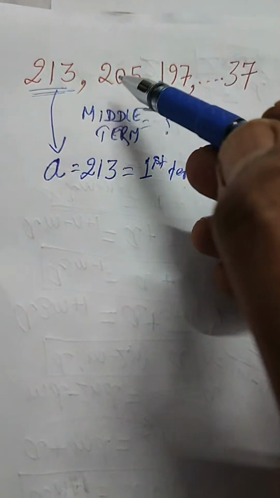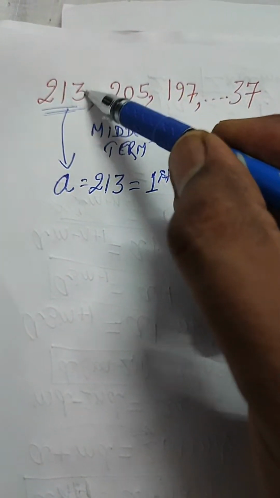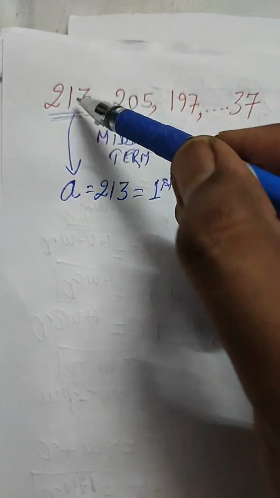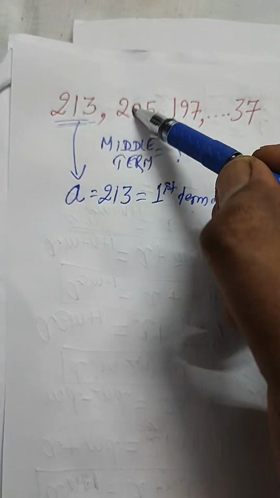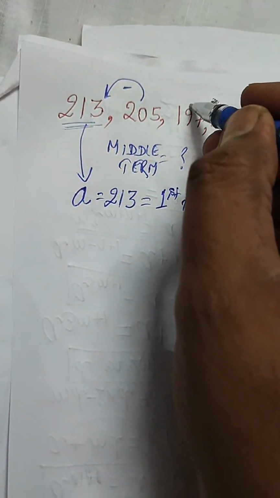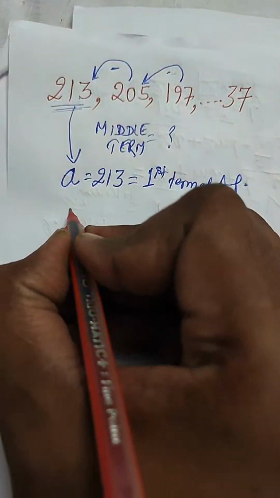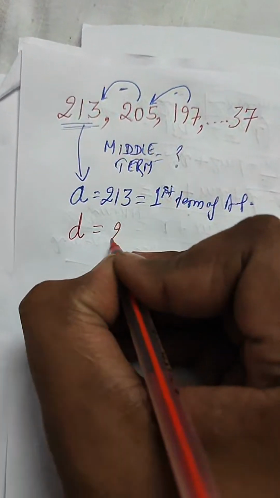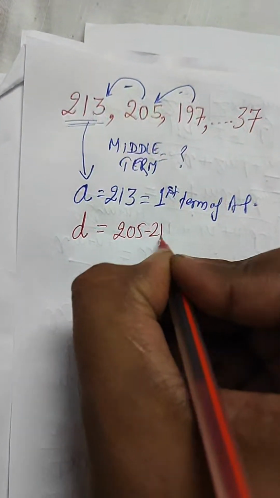If you subtract the previous number from the existing one, you will get the value of the common difference D. So D is calculated as second term minus first term, that is 205 minus 213.